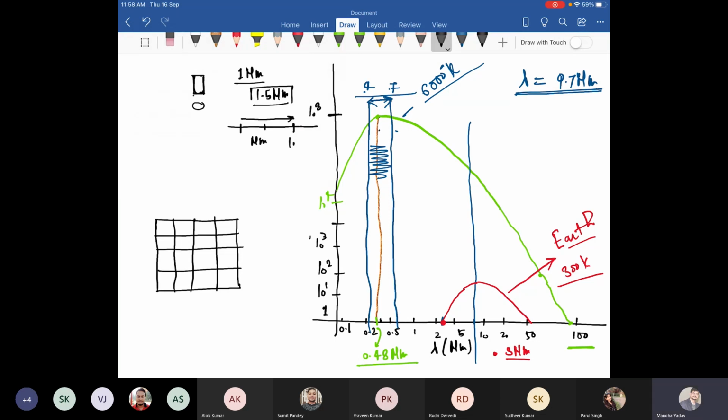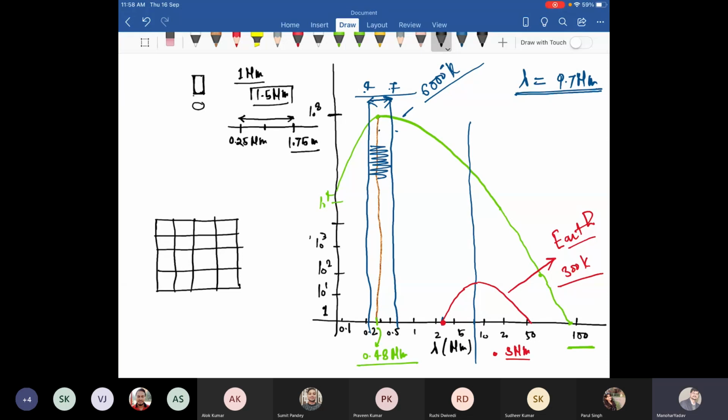So this is the bandwidth, at 1 micrometer center and total bandwidth 1.5 micrometer. So the half will be 0.75 micrometer. So it will start from 0.25 micrometer till 1.75 micrometer. So the range in which this sensor is designed is 0.25 micrometer to 1.75 micrometer.